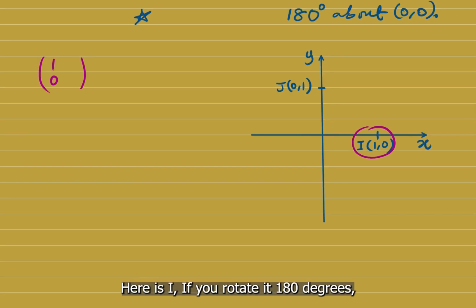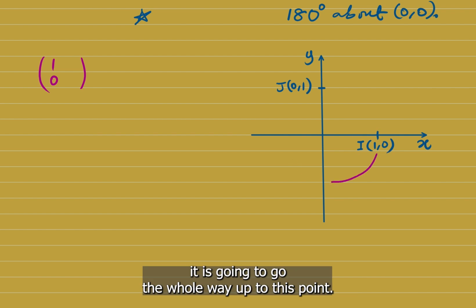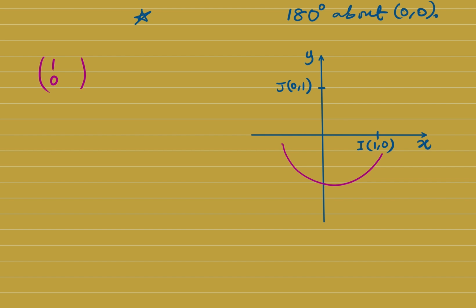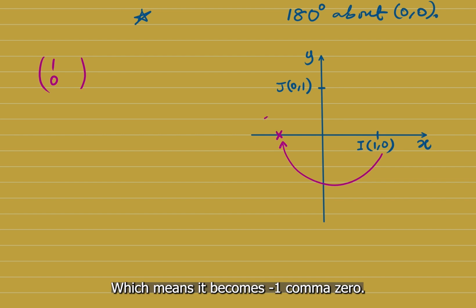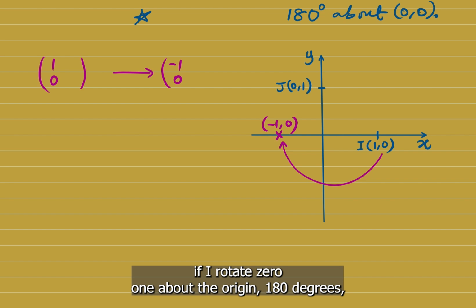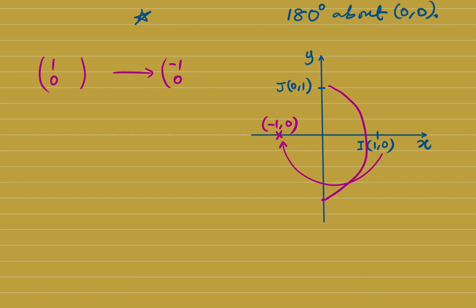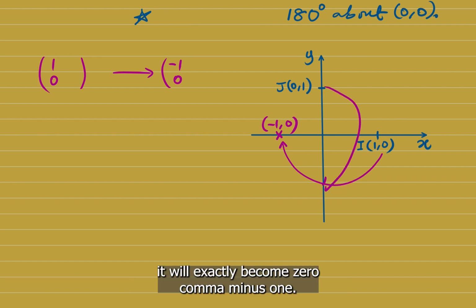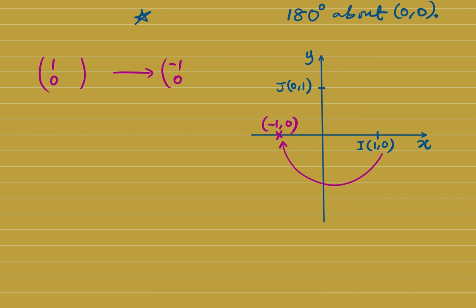Here is i. If you rotate it 180 degrees, it's going to go the whole way up to this point, which means it becomes minus 1, 0. And the same way, if I rotate 0, 1 about the origin 180 degrees, it will exactly become 0, minus 1.